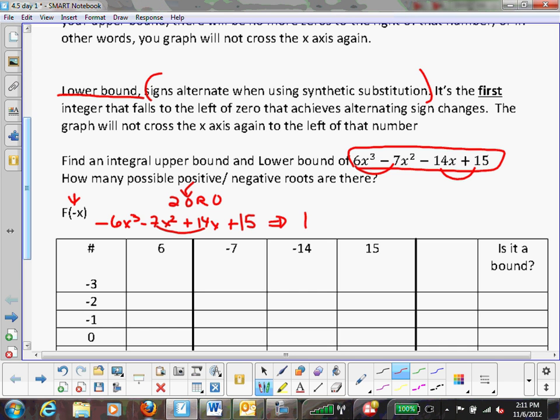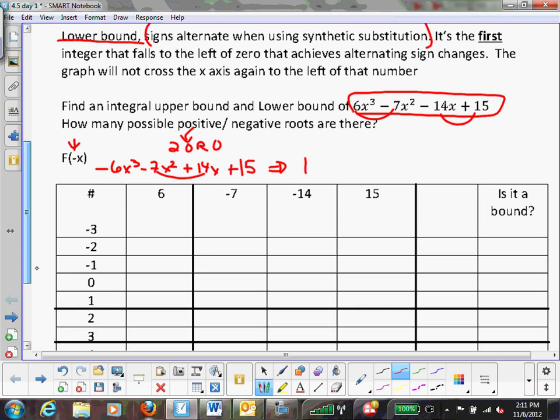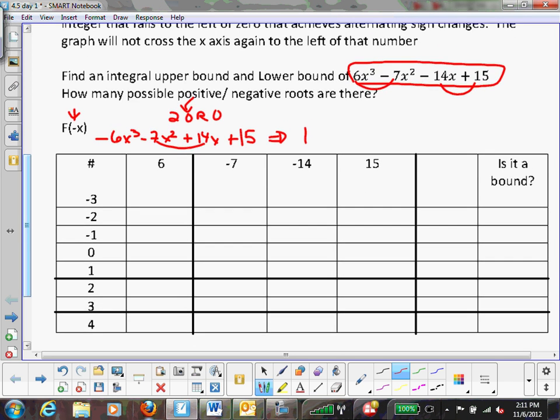All right, so here's what we're going to do first. We're going to start at 0, and we're going to do synthetic division with 0 to see what kind of sign changes we've got going on. At 0, the first thing we always do is bring our 6 down.